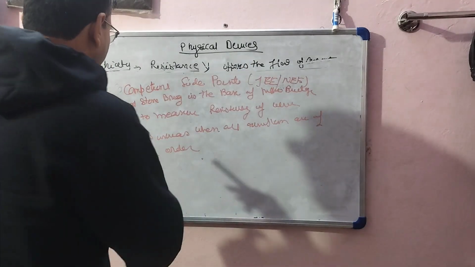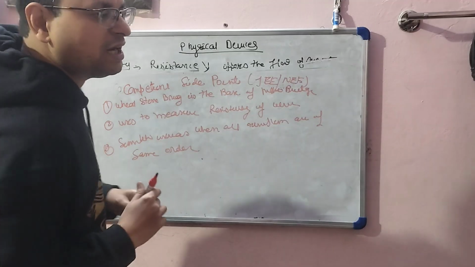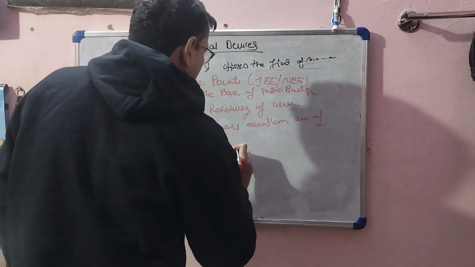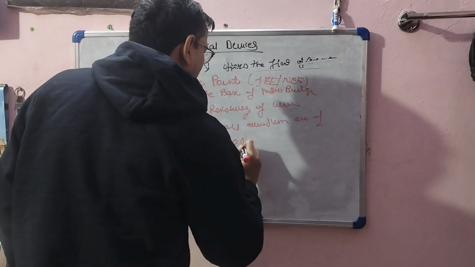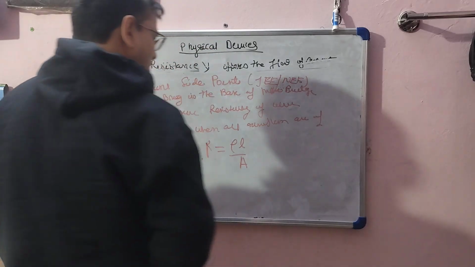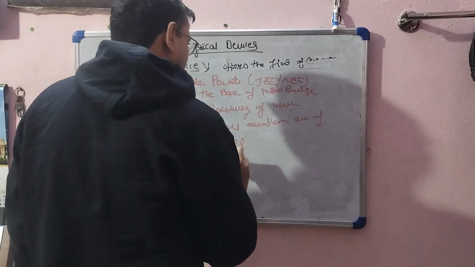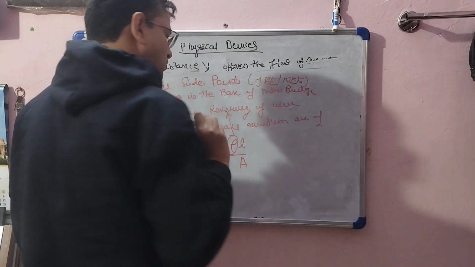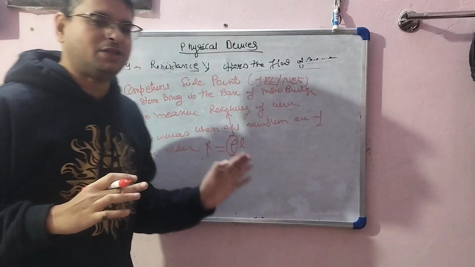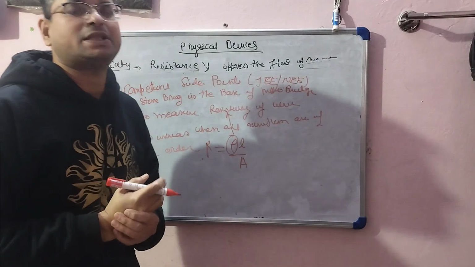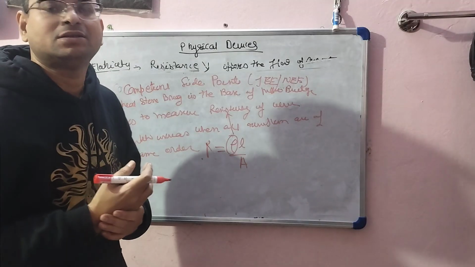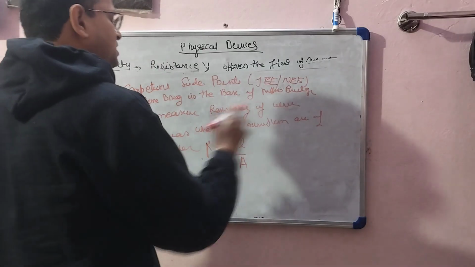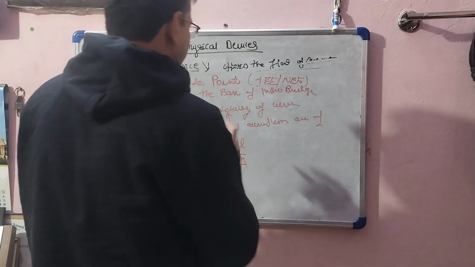Second point is that it is used to measure resistivity of wire. How does this work? R equal to rho L upon A. Rho is resistivity. This resistivity depends only on the material of the substance.